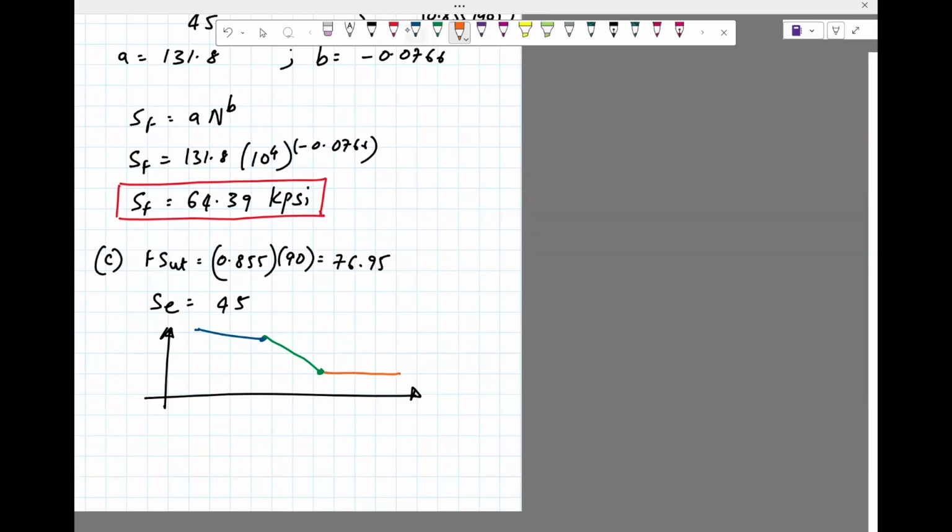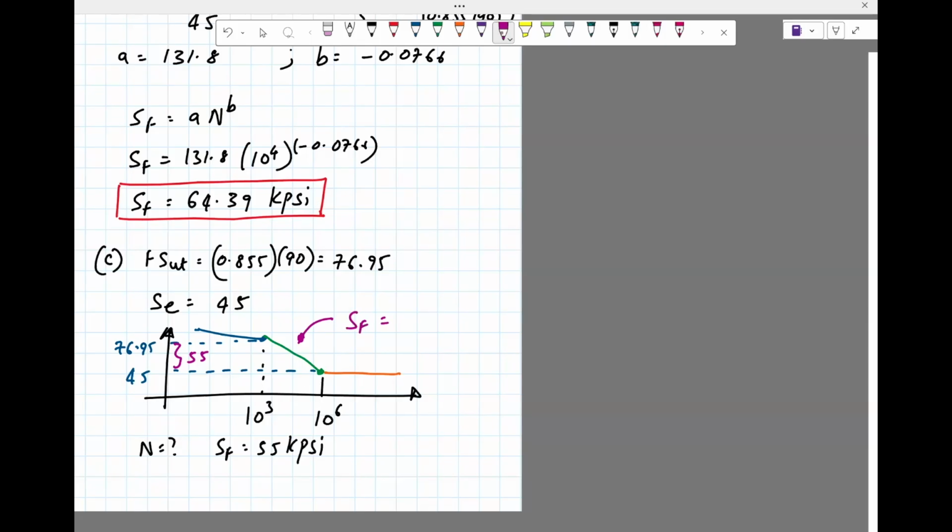And then we know that this part is 10 raised to 3, this part is 10 raised to 6. However, you also know that this is SE, so this is 45, and this part is F SUT, so it's 76.95. So if you are asked to compute n at SF equals 55 kpsi, we are very certain that it is going to be here, right? 55 is somewhere here. So we know that this is the part of the curve which is needed in order to explain n. So we need to look at this part.